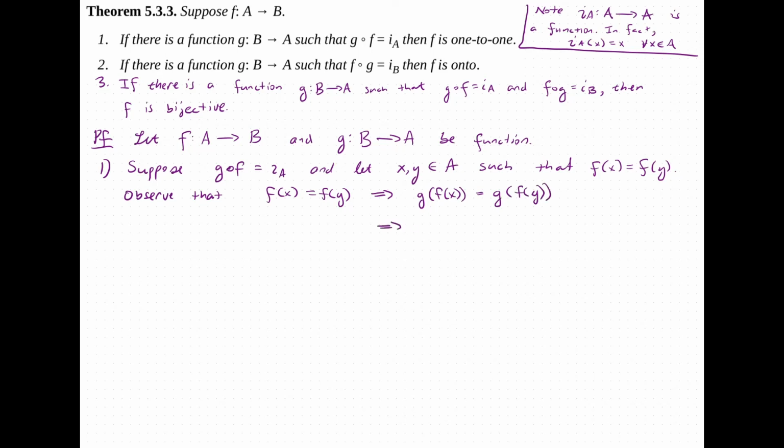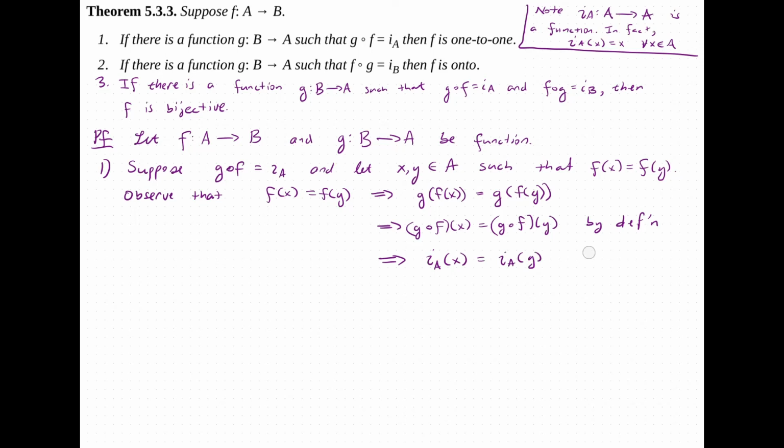Now by definition, this is going to be g compose f evaluated at x, which is now g compose f evaluated at y. And so now, by definition, we have that g compose f is the identity on A evaluated at x, and of course here as well.